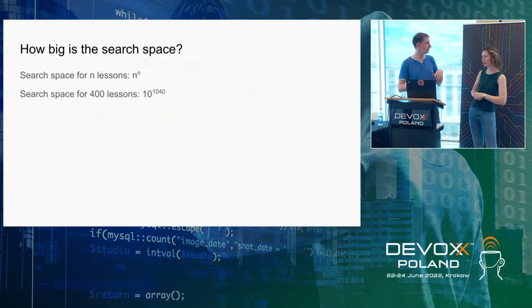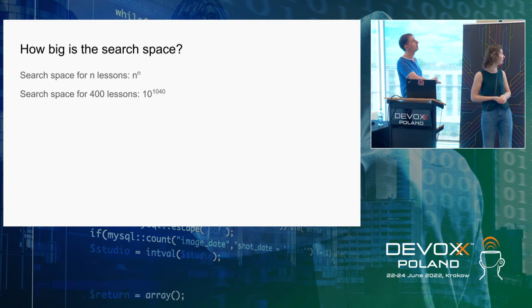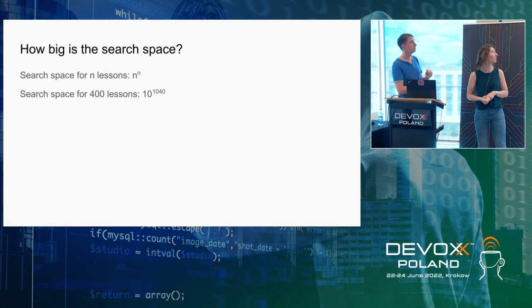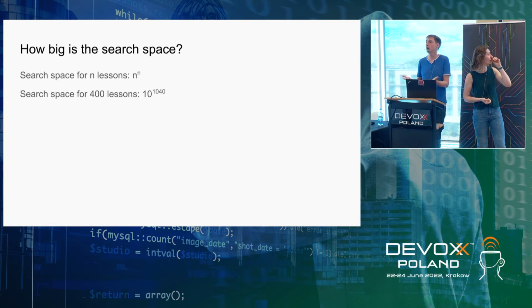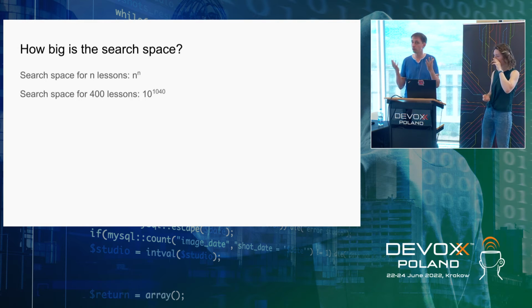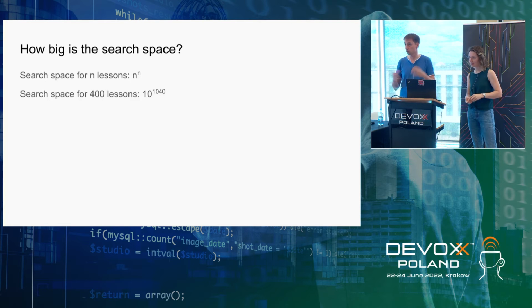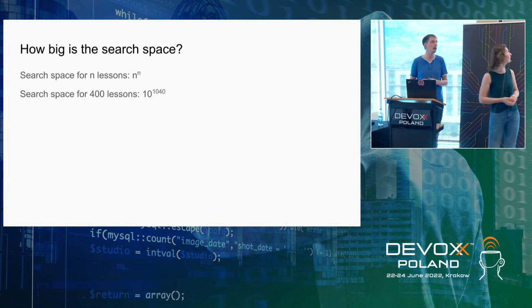But if you actually look at it at the grander scale, it means if you have n lessons, you have n to the power n nodes. So the search space, the number of nodes you need to look at, and for every one of these nodes you need to calculate the score, is for 400 lessons, which is very normal for a normal high school. Every group of students has 40 lessons a week, right? That means we only have 10 groups of students, which is a very small high school, right?